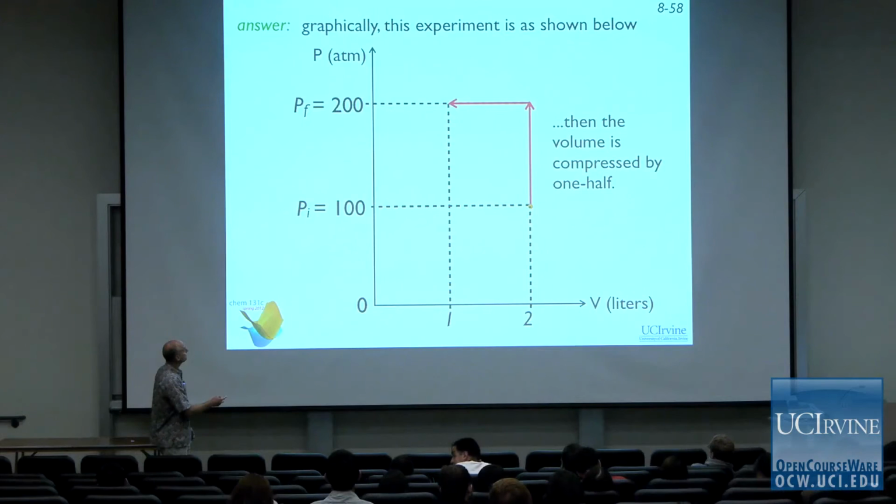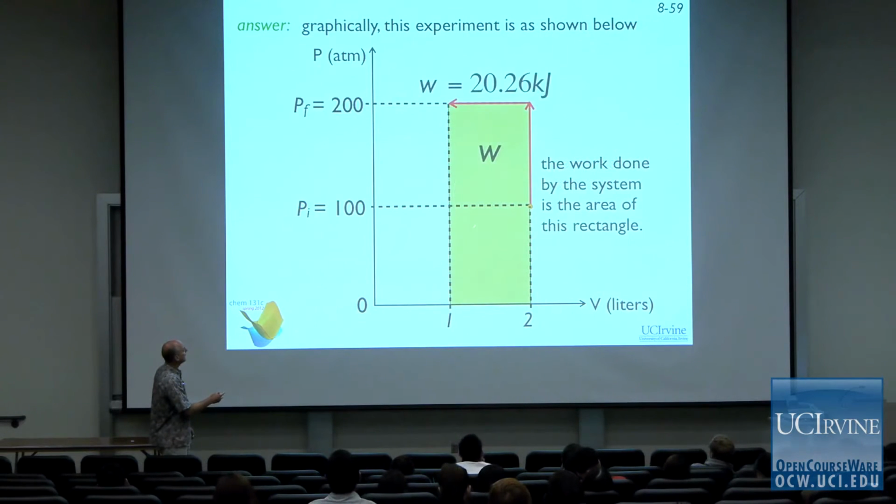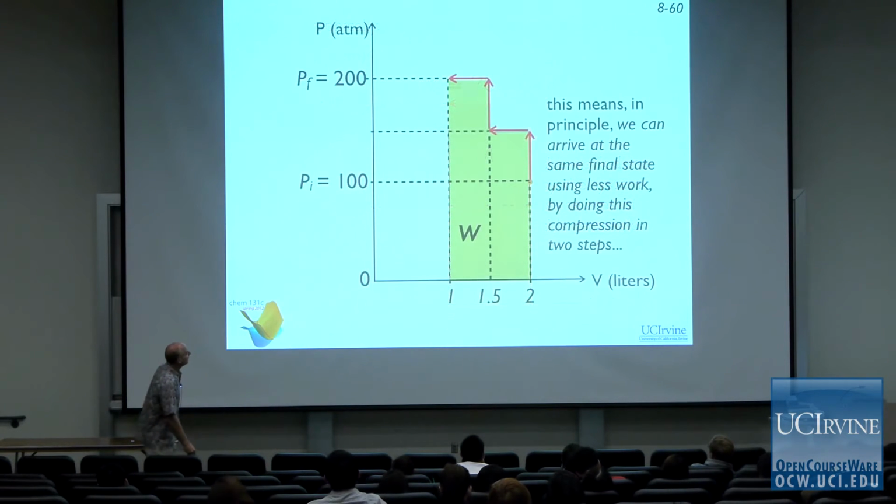That's the work. It just happens that we started at 100 atm. This means, in principle, we can arrive at the same final state doing less work. If we divide this compression process into 2 steps, my goodness, it might take less work to get there.